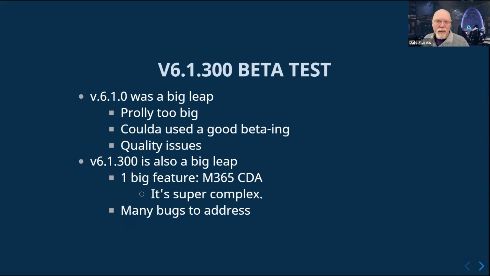So with the number of bugs that needed to be fixed and that need to be tested and that need to work with your existing installation and with the new feature, we decided to implement a full-on beta test for 6.1.300.